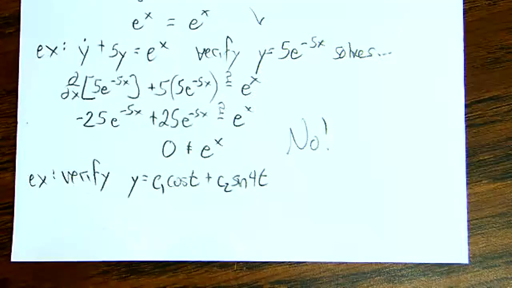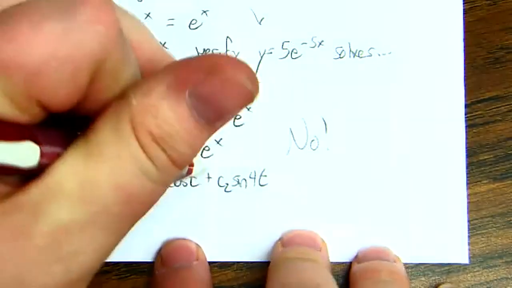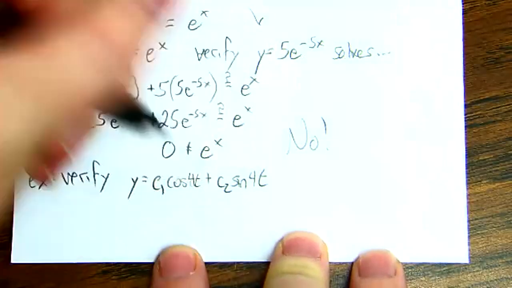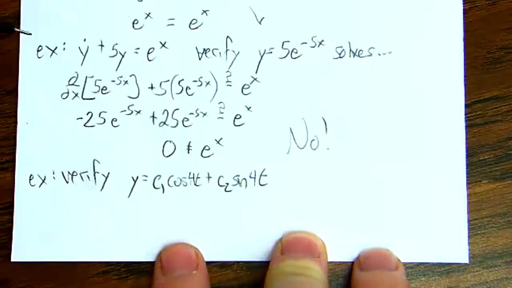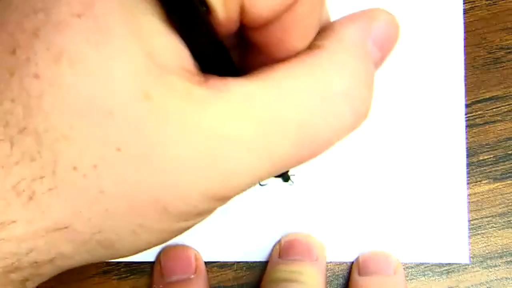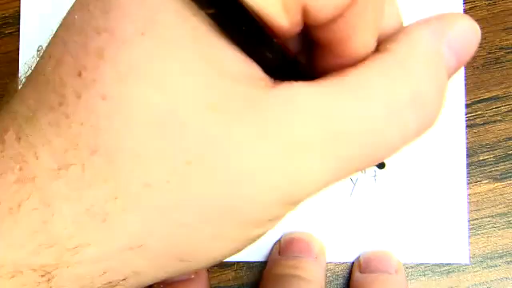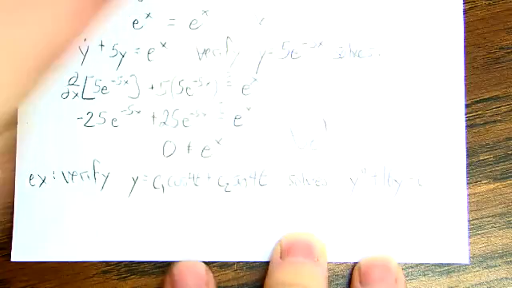Let's change the argument on this first one to be cosine of 4t as well. So c1 cosine of 4t plus c2 sine of 4t. And we want to verify that this solves, or is a solution to, y double prime plus 16y equals 0.